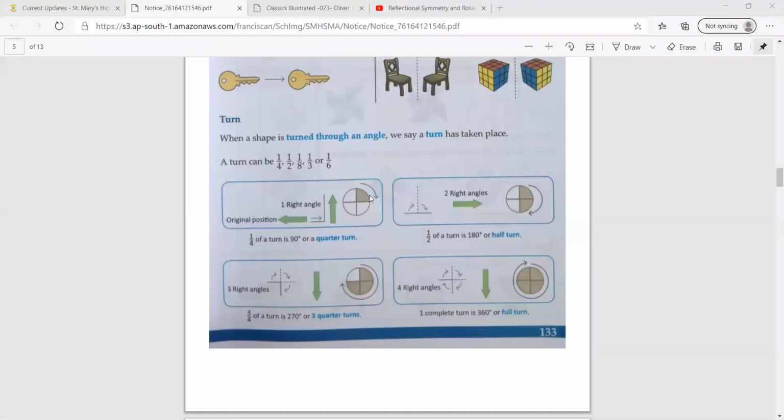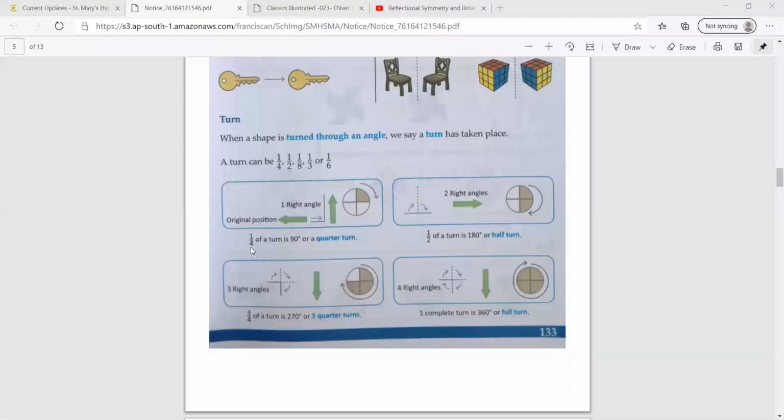So if there is this circle, and if we are moving this circle one place that side, one place like this, 90 degrees to the right, then it is called a quarter of a turn. It is called 1/4 of a turn.